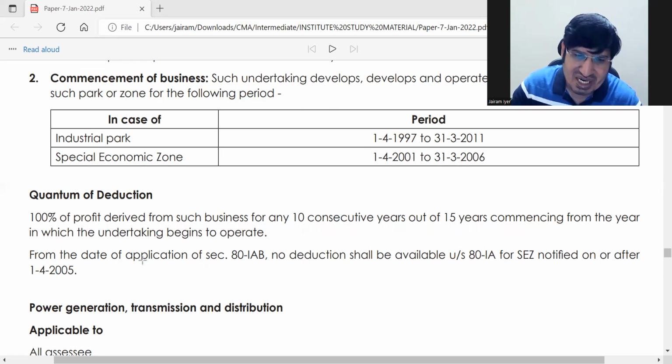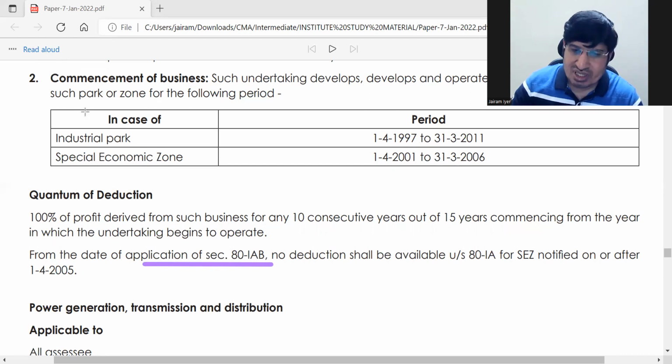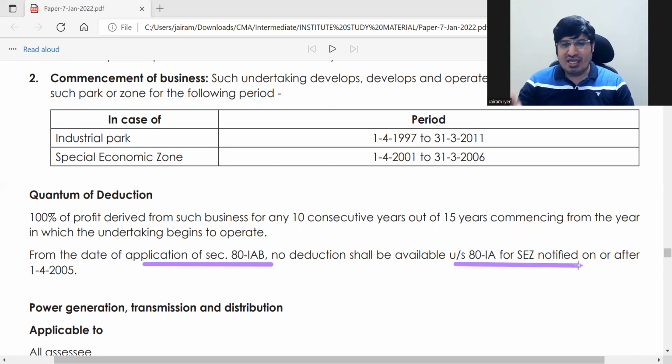In the last, it was just mentioned that from the date of application of 80 IAB, that is, this section was introduced later after 80 IA. So what they are saying is after 80 IAB, deduction will not be available under 80 IA for SEZs, right? Earlier, in 80 IA, SEZ deduction was also being given. So that's why now a special section has been introduced, 80 IAB.